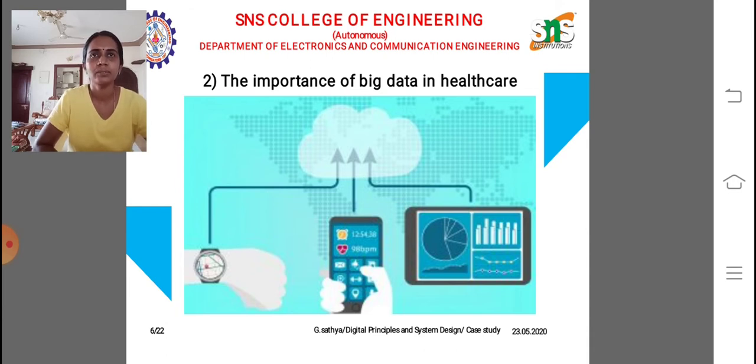It creates a holistic 360-degree view of consumers and patients, and improves care personalization and efficiency with comprehensive patient profiles. So through big data, we can access patient details immediately and give a solution to the patient at the right time. That is a very big advantage of big data.